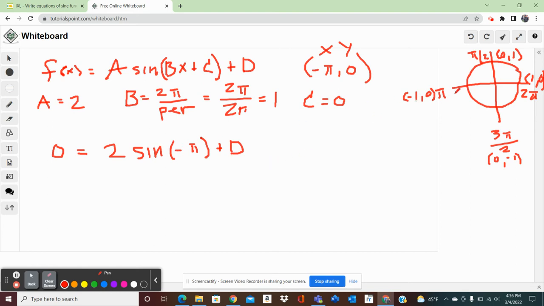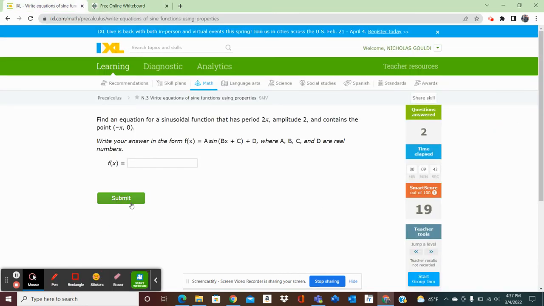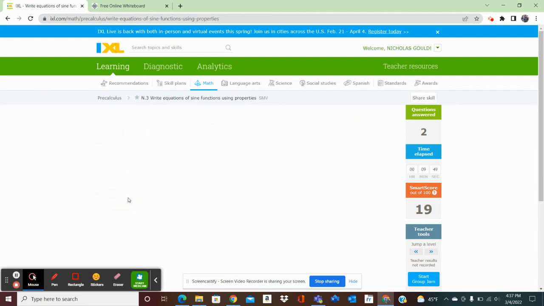So sine of negative pi is 0, times 2. We'll end up with 0 equal to 2 times 0 plus d. So d here is 0. Now the only difference is with our function, since our amplitude was 2, we're going to say it's 2 sine of x.